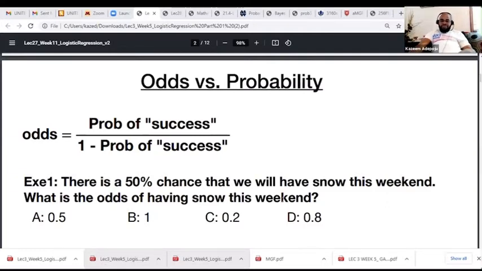A 50% chance means the probability of getting snow is 0.5, and the probability of not getting snow is also 0.5. If you find the ratio of that, it gives you 1. So it is kind of dicey.